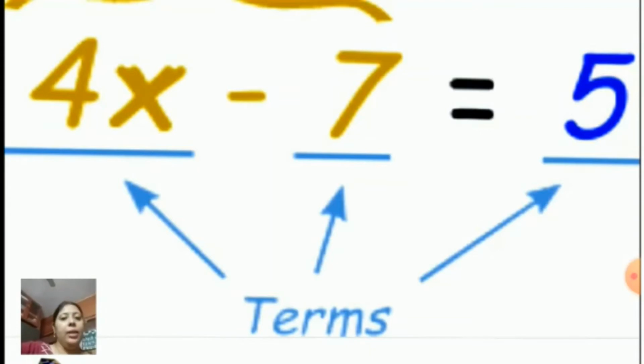When we say what this expression is equal to, then we have an equation, when we equate it with another expression or terms. So in this equation we have some terms. There are three terms we can see. Term 1 is 4x, term 2 is minus 7 and term 3 is 5. So an equation has terms.